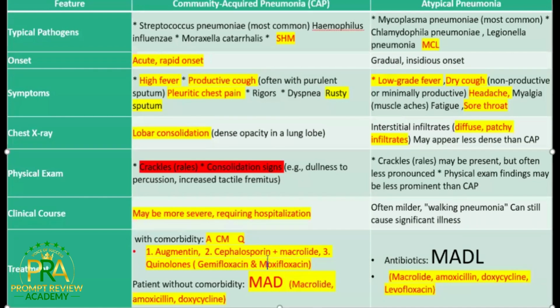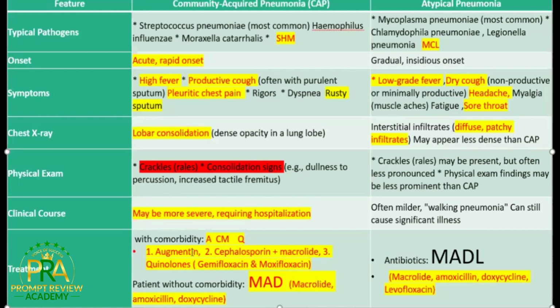Okay. Then M, macrolide. Macrolide is your azithromycin, clarithromycin, erythromycin. So you can combine cephalosporin plus macrolide. That can be another treatment option. Then the Q is your quinolones. So that is ACMQ.